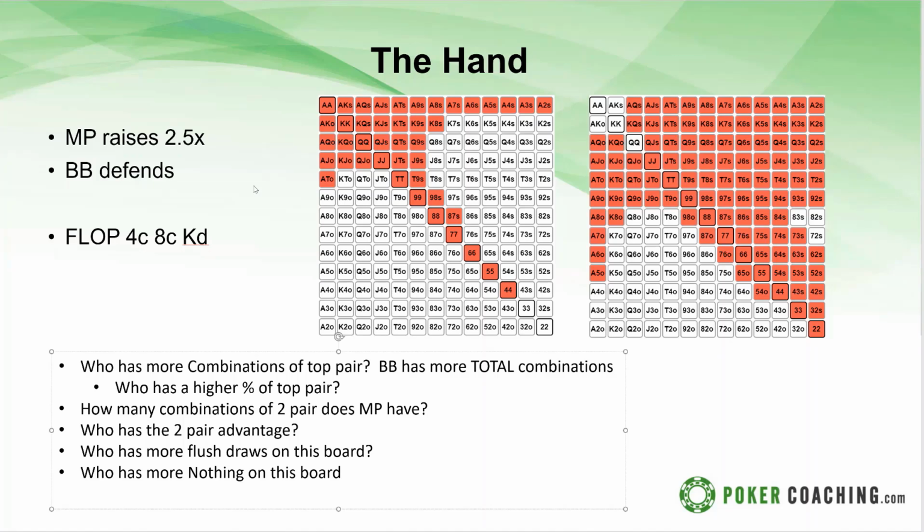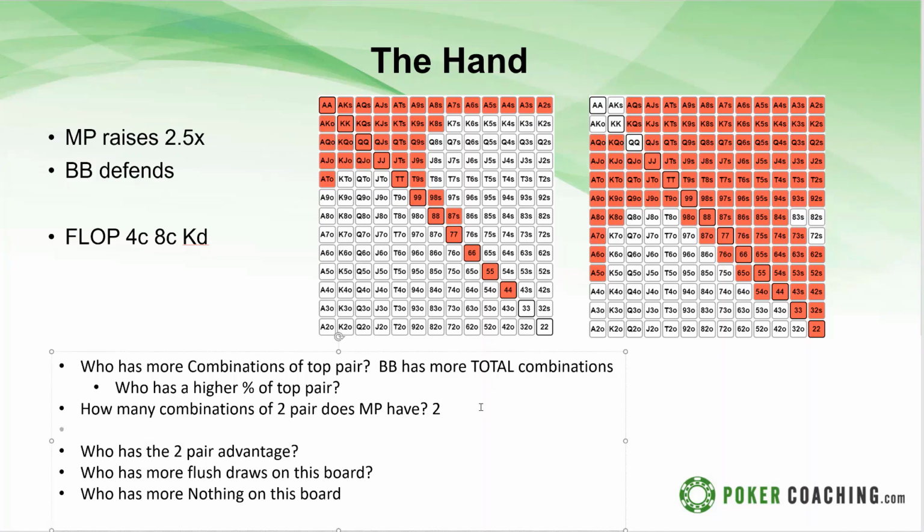Let's look at the big blind. Let's get a little more technical, and I'm going to do it with you guys because I just added this. How many combinations of 2 pair does the big blind have?